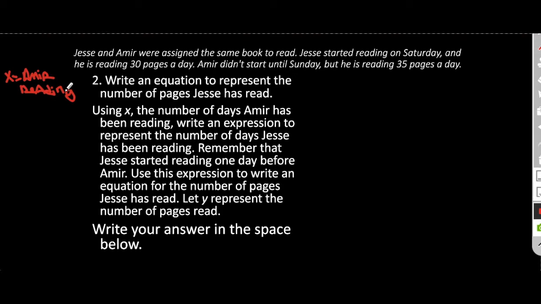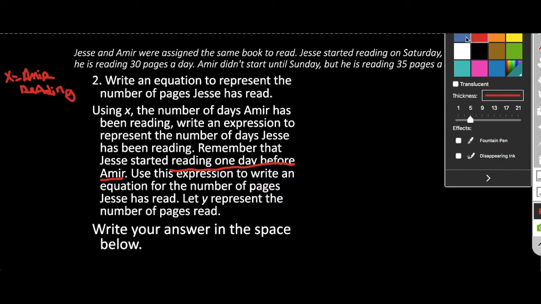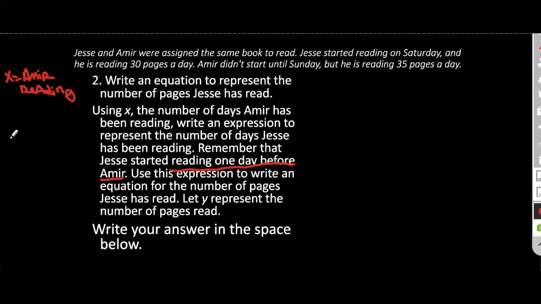All right, so the expression that represents the amount of days Jesse reads. So remember, Jesse started reading one day before Amir. So when we have our slope-intercept form, y is equal to mx plus b.